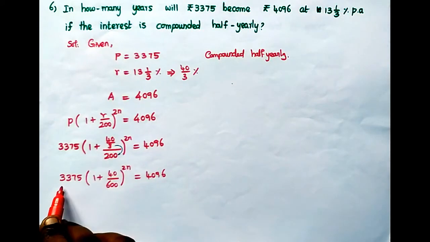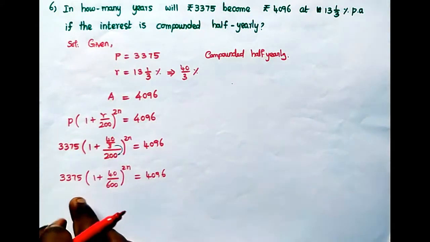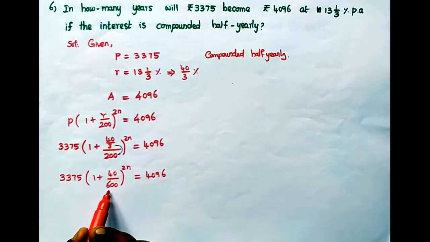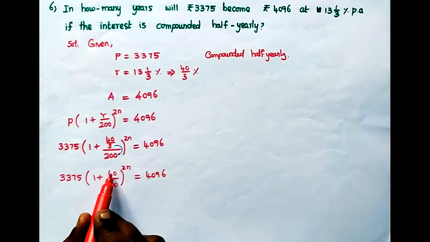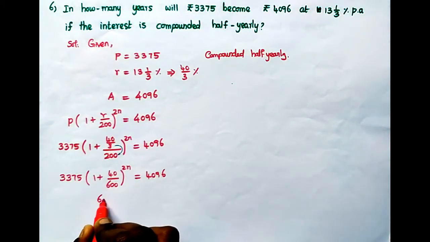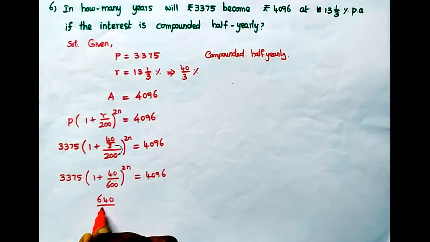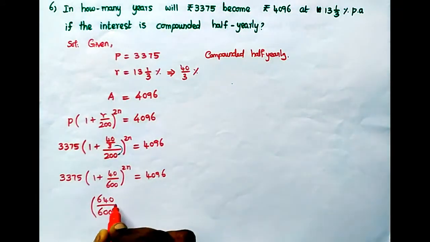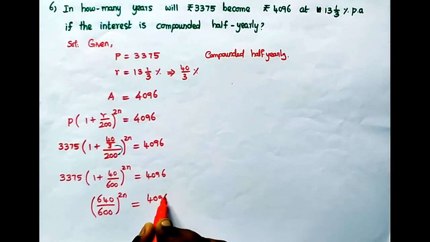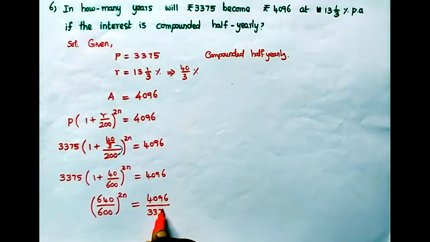Now the 3375 is in multiplication, no? Bring this side means division, and here 1 into 600, 640 divided by 600 whole to the power 2n equal to 4096 divided by 3375.